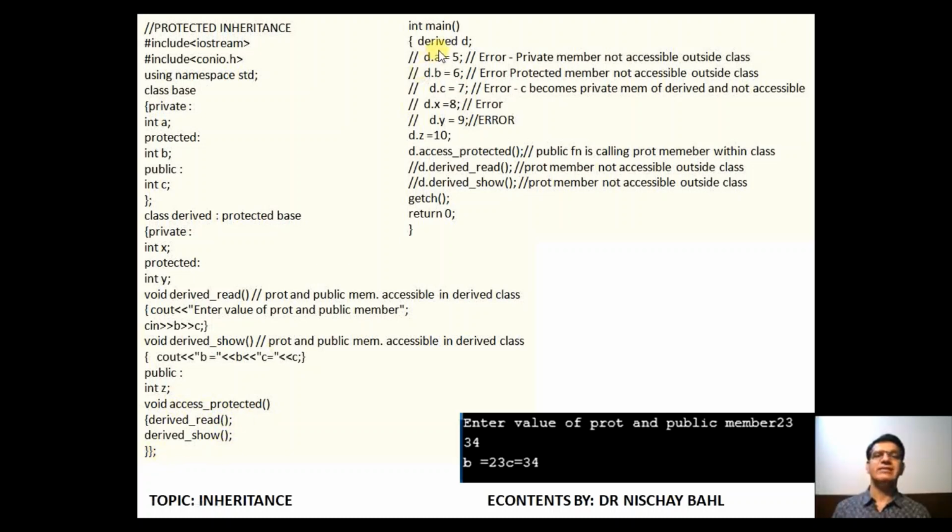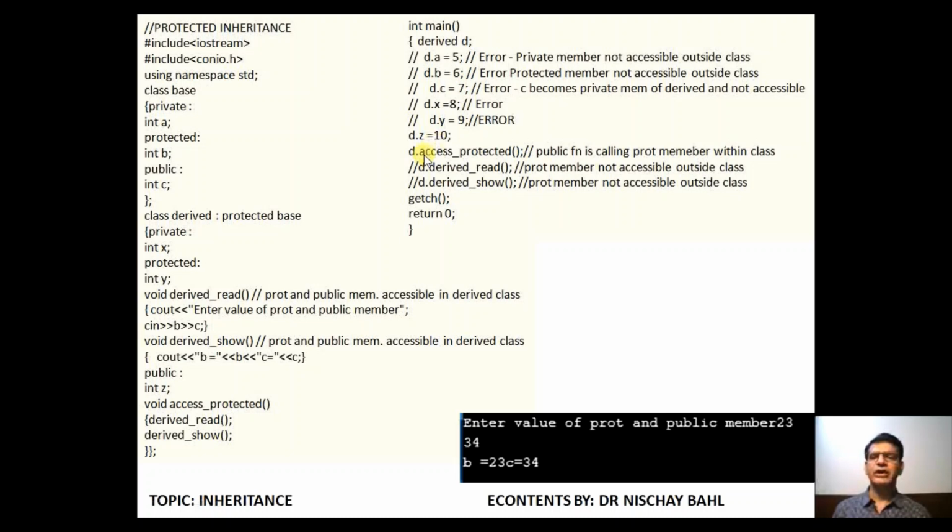We are creating an object D of the derived class. D.A is of course not accessible, as I told you earlier. D.B is again an error statement. D.C, all the error statements I put in my comments. D.X is also not accessible. D.Y is also not accessible. D.Z is accessible because it's a public member, and so is D.access_protected.